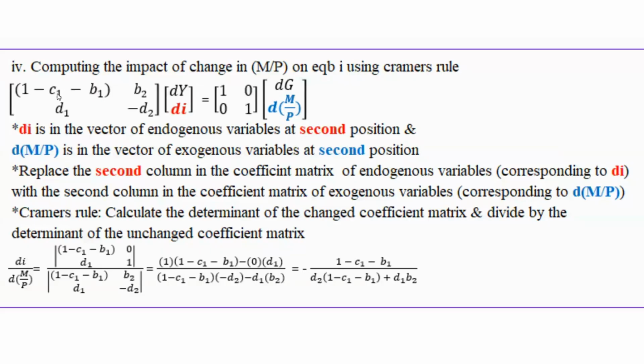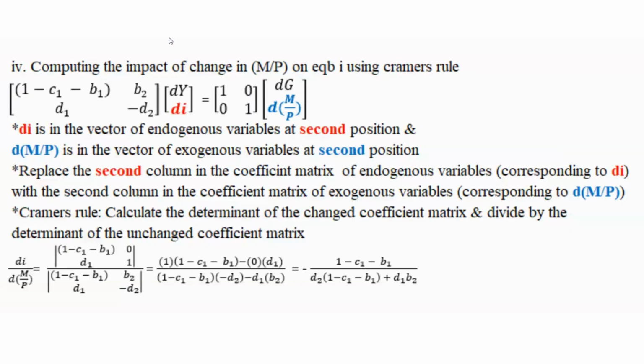So if I'm interested in the multiplier with respect to G, I'll replace the first column corresponding to dY with the column corresponding to dG. If I'm interested in the multiplier of Y with respect to changes in real money supply, then I'll replace the first column corresponding to dY with the second column corresponding here to dM by P, right? And then we take the determinant of this changed coefficient matrix divided by the determinant of the unchanged coefficient matrix. In this way, we can use Cramer's rule to find multipliers without even having to find equilibrium values of Y and I.